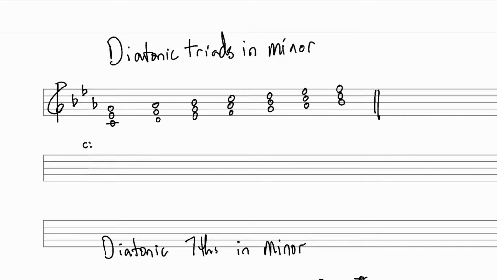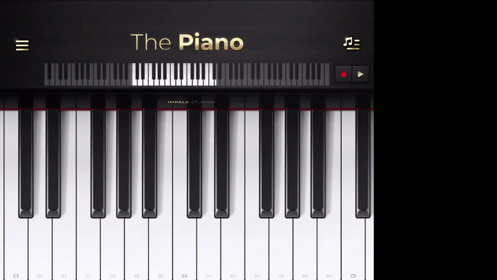So first let's start out, look at our first few chords. In C minor, of course, we're going to start with C minor. The 1 chord is, of course, minor. The 2 chord is diminished, D, F, A flat.